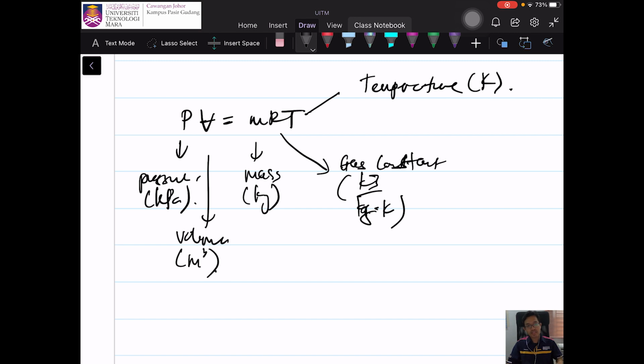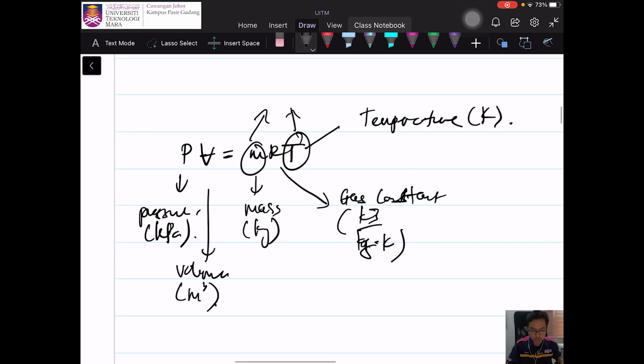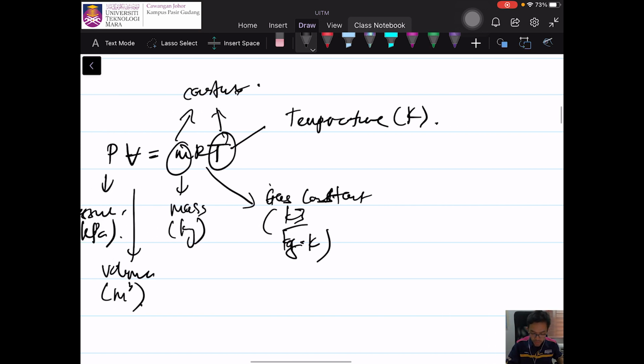Okay, as Boyle's law says, the pressure and volume are inversely proportional on the condition that mass and temperature are constant. So if you look here, two parameters are already constant, and your R here is already constant also.